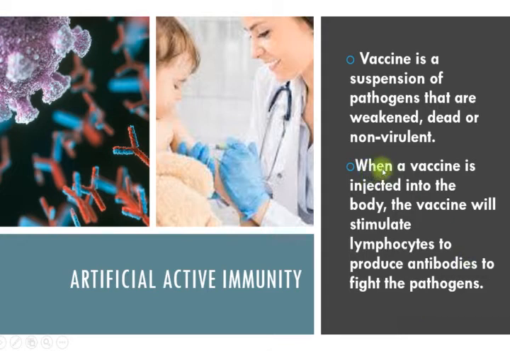So when a vaccine is injected into the body, the vaccine will stimulate. What is a vaccine? A vaccine refers to the dead pathogen, weakened pathogen, or non-virulent pathogen, injected into our body to stimulate the lymphocytes to produce antibodies, to fight against the infection or the pathogens.